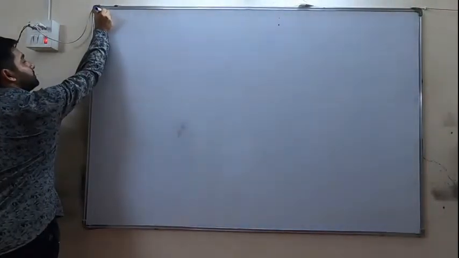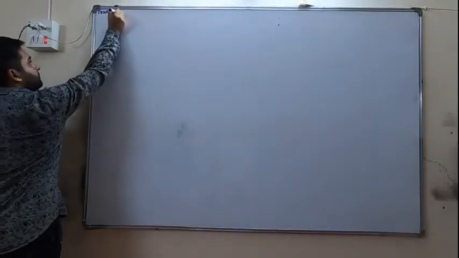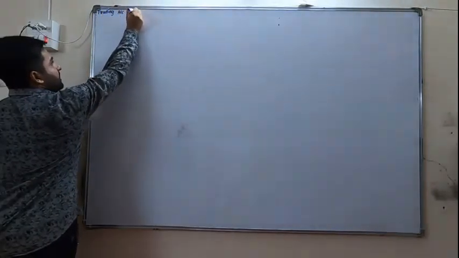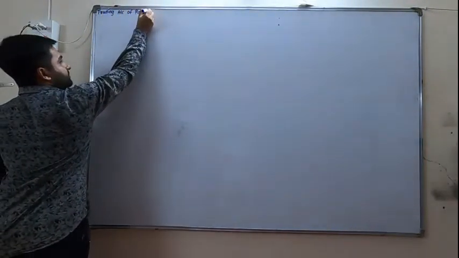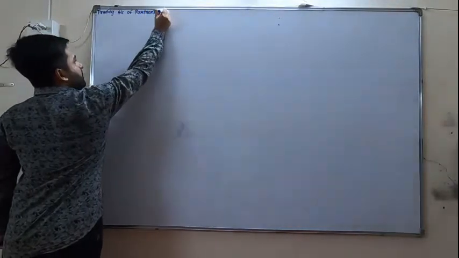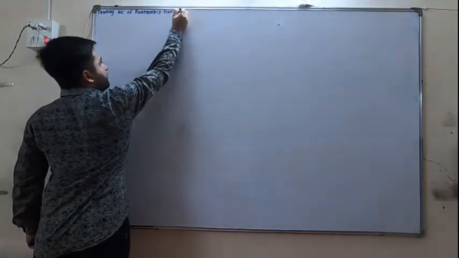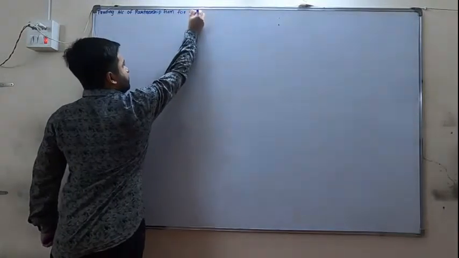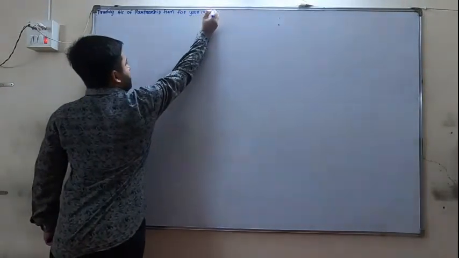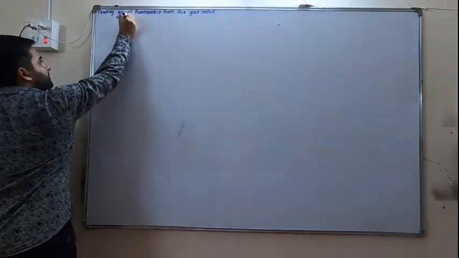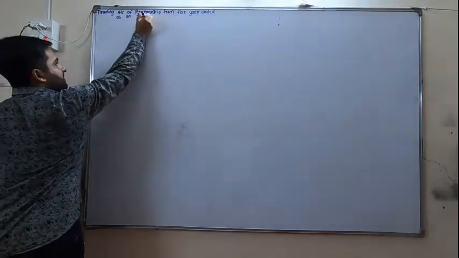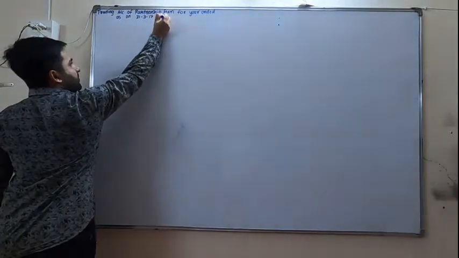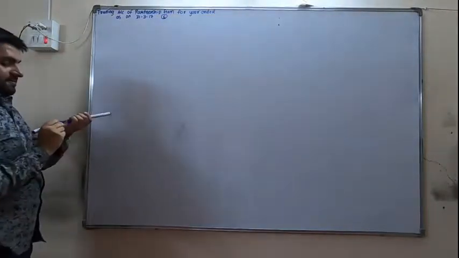So starting from the trading account, trading account of partnership firm for the year ended as on 31/3/17, rule it for 6 lines.